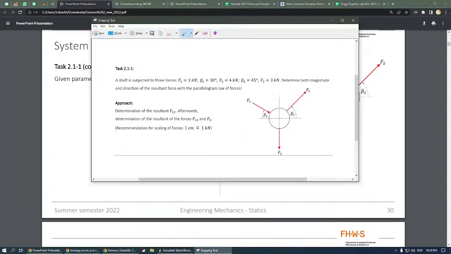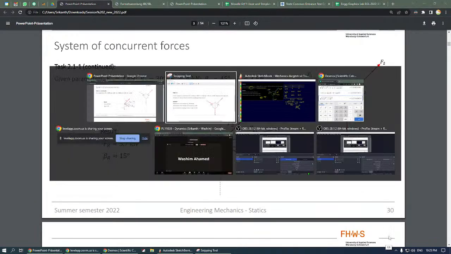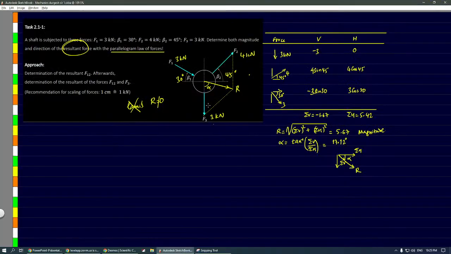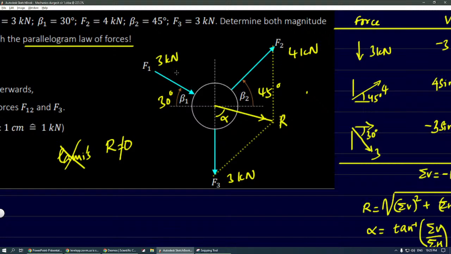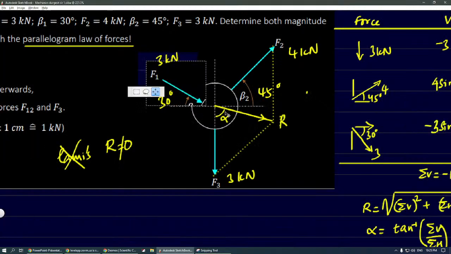What he has done is transfer this force here. This is called the transmissibility law. What the transmissibility law tells is that you can transmit a force anywhere along the same line.